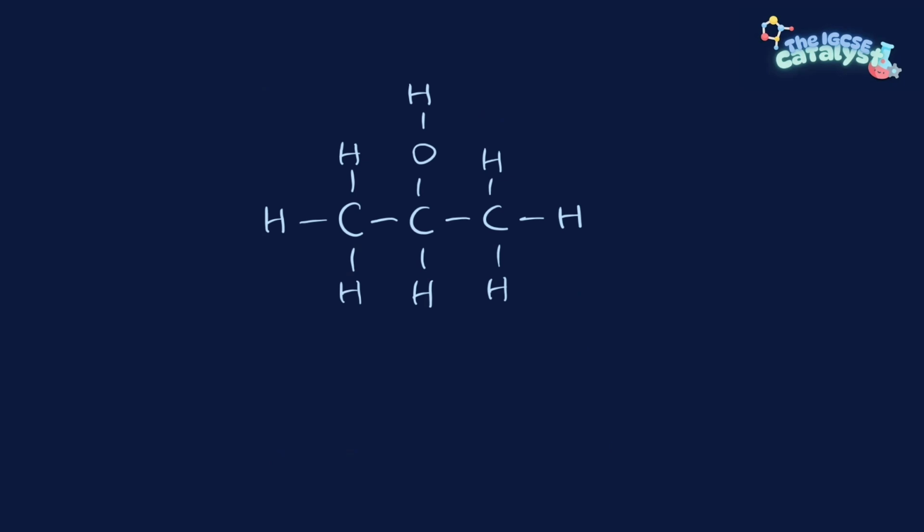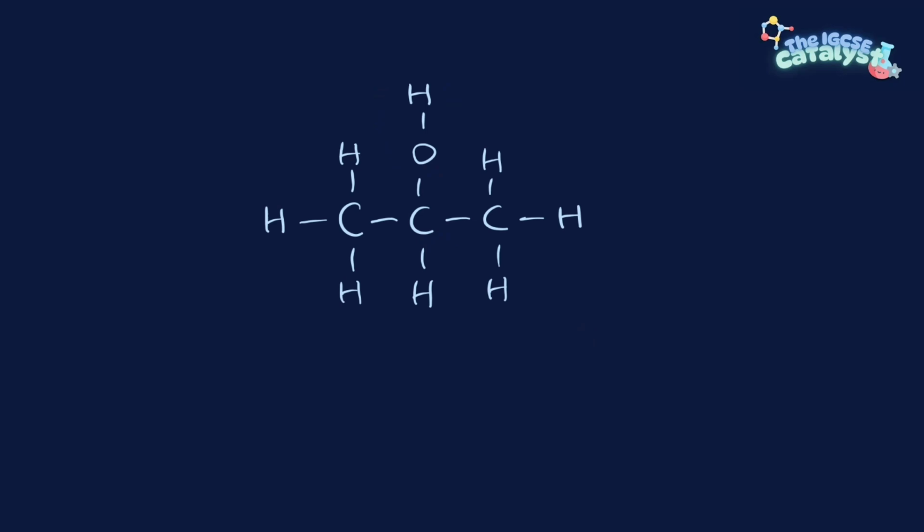What about this one? First, we see that there are 3 carbon atoms in a straight chain, and there is an OH group here. So this will also be a propanol molecule, but now this is a different structure of propanol since the OH group is connected to the middle carbon atom.